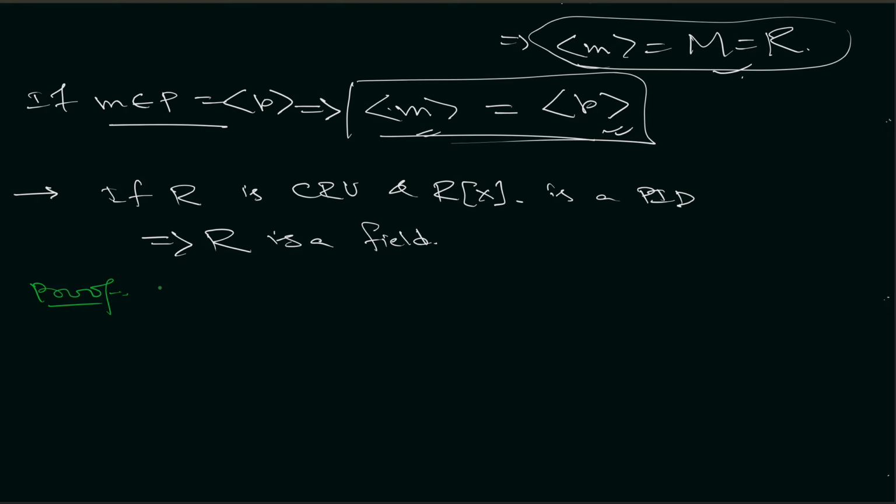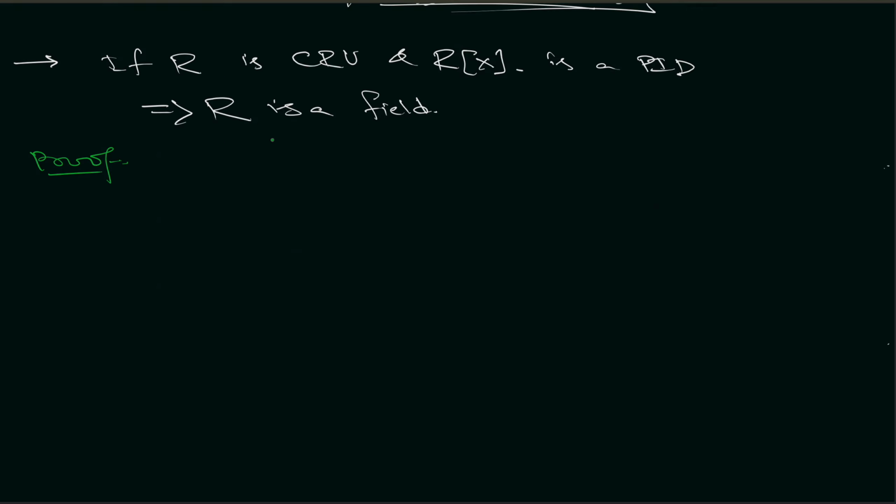This is a very easy, obvious thing to check. You just define a map from R[x] to R. Any polynomial p(x), you take the evaluation at 0, p(0).